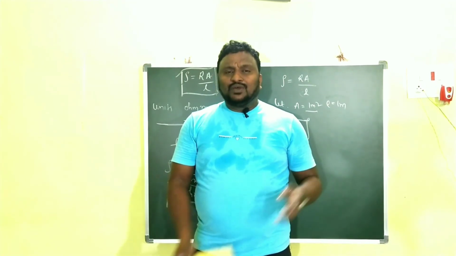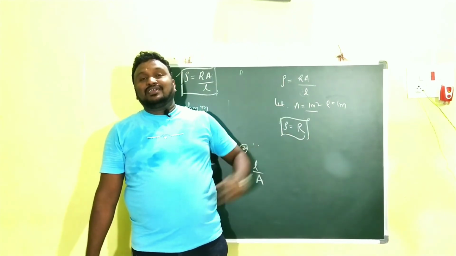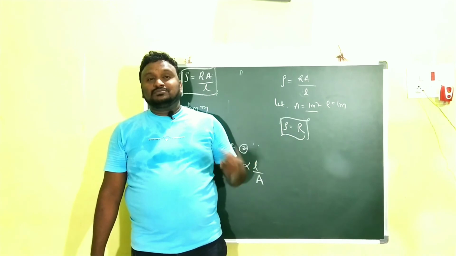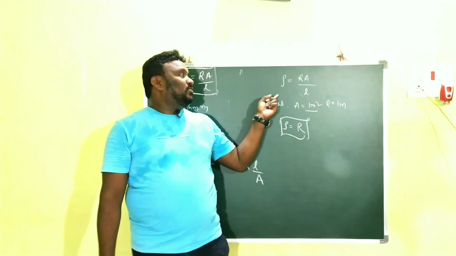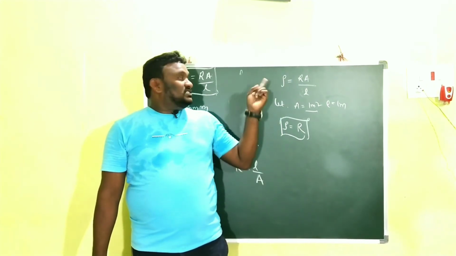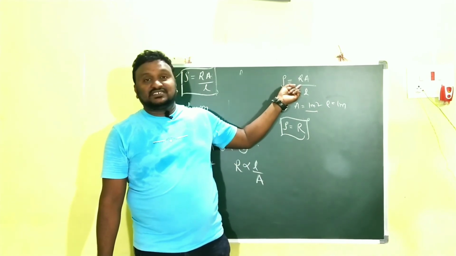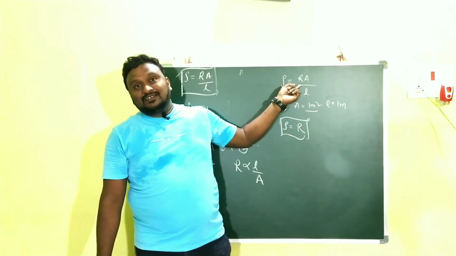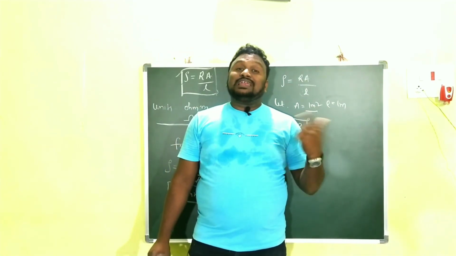Very simple. We know the formula rho is equal to RA by L, in which A is equal to 1 meter square and L is equal to 1 meter. Then we write rho is equal to R. Specific resistance or resistivity is equal to the resistance of a conductor of unit area of cross section and unit length.